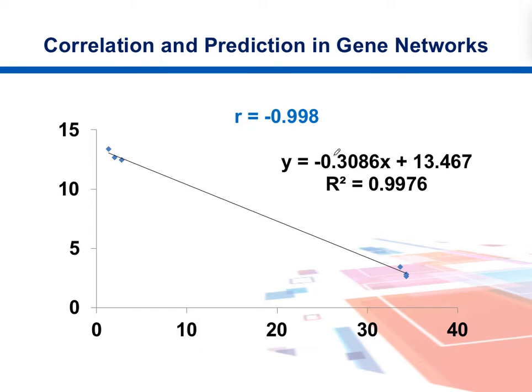When we draw the straight line, with one gene on the x-axis and one on the y-axis, the line goes down, so that means a negative relationship, and this is the value for their slope. The slope is negative, and the intercept is 13.467, the value of y when x is 0. The coefficient of determination, R square, is 0.9976.